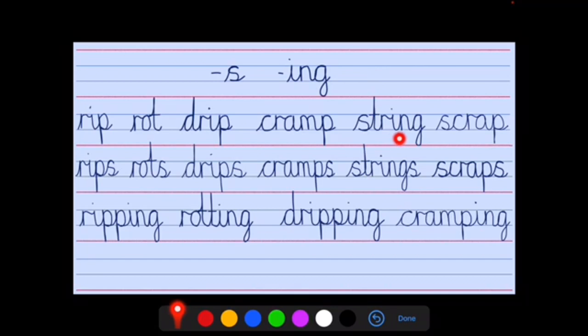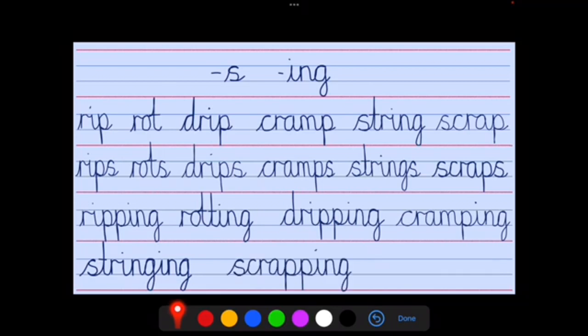If you're stringing things together. We didn't need it again because we had two consonants after that short vowel sound. And scrapping. We did double. We needed to, so that when we're reading it, we know to say a short vowel sound.